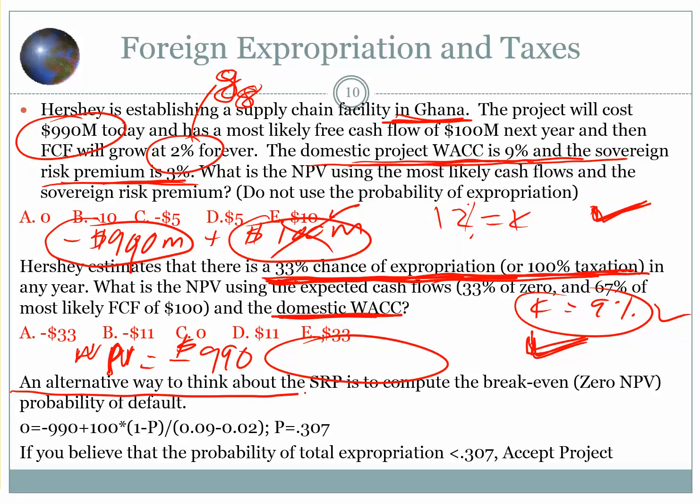One other way you can think about using the probability of default is to calculate the break-even probability of expropriation. So if you set up the NPV problem that we just did, and in this case we'll add a sovereign risk premium, you could calculate what break-even probability of default would make this project a zero NPV.